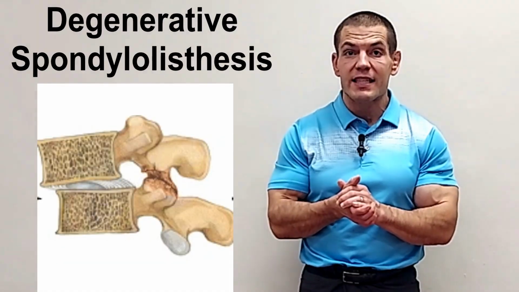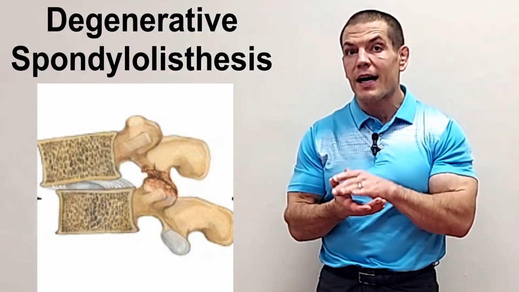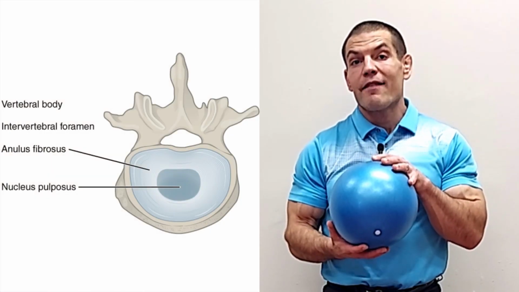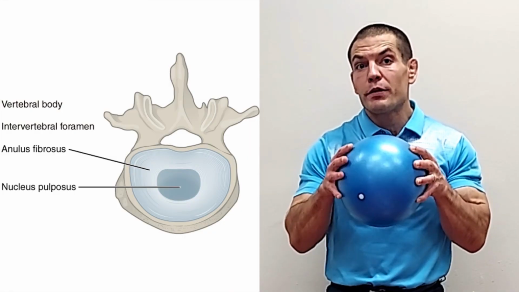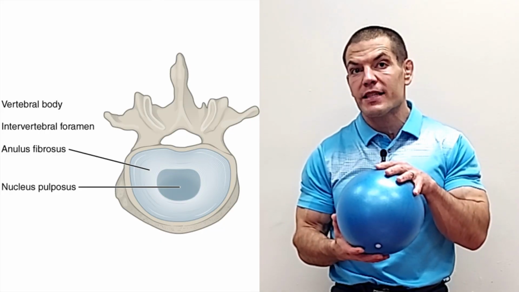Now, the other type of spondylolisthesis, which is actually more common, is a degenerative spondylolisthesis. This happens as you age and you lose water content in your discs. Your discs normally have a gelatinous inside called the nucleus pulposus, which pushes outwards on a hard outside called the annulus fibrosus.